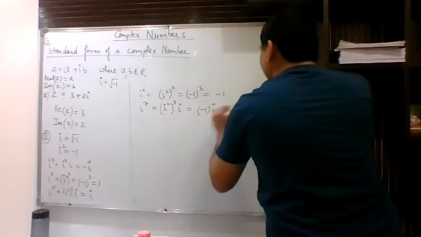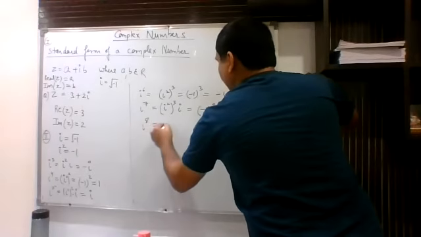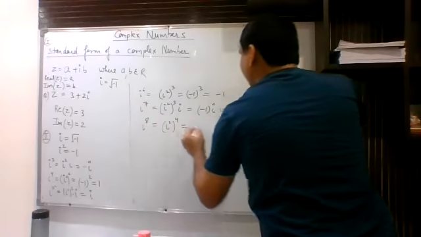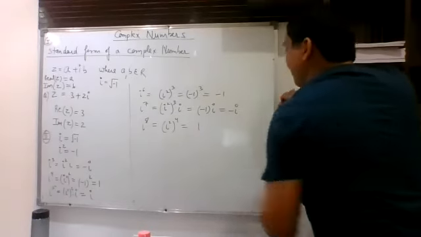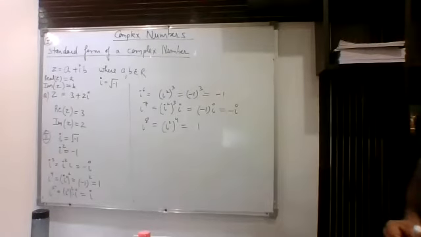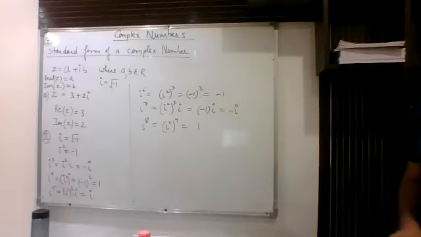So your answer is minus iota. i to the power 8 is i square to the power 4, so this can be written as 1.